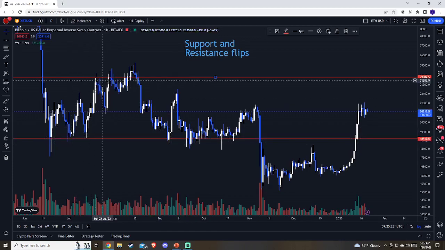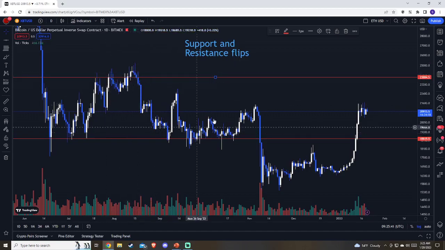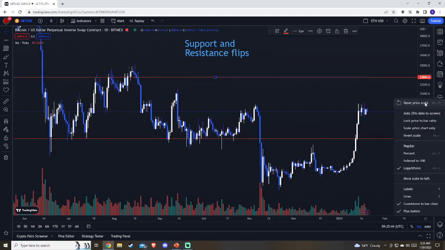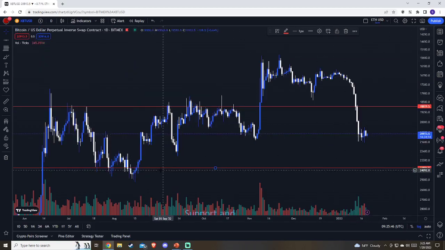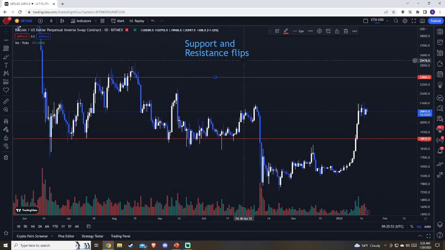On the opposite side, the resistance would be the price at which pressure is reached on the way up, on the emergence of a growing number of sellers who wish to sell at that price. I just want to reiterate the importance of inverting the scale and seeing the difference. We're just looking at Bitcoin here. That's what we're going to use today to really talk about support resistance flips.